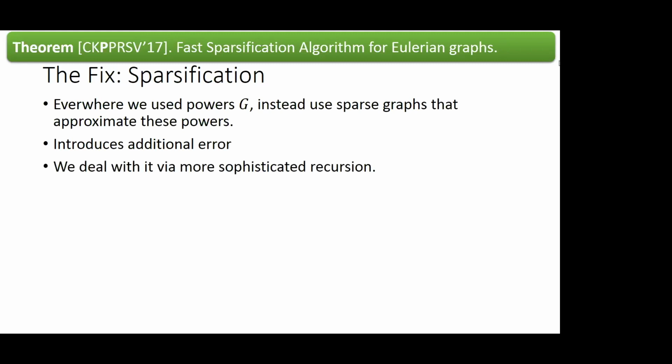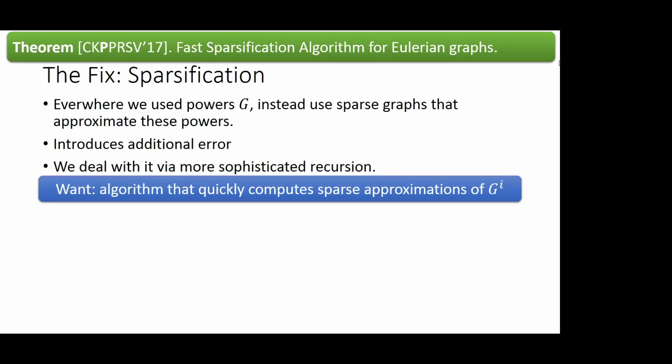Oh yeah, this is what I talked about at the end of the last slide. But we deal with it via a more sophisticated recursion. All right. So what we want is an algorithm that quickly computes sparse approximations of powers of G to the i. And today we're going to talk about the i equals 1 case. I realize this might sound like a bit of a cop-out, since we're not even saying how to approximate the square of a graph.